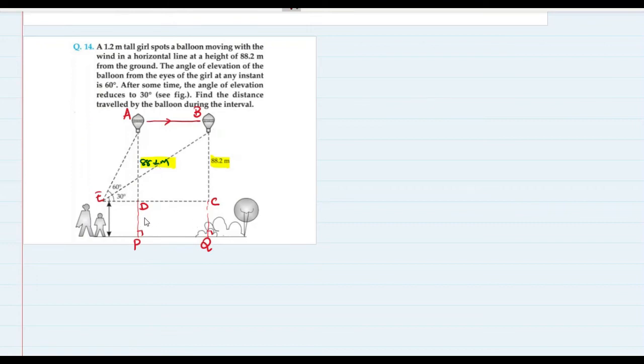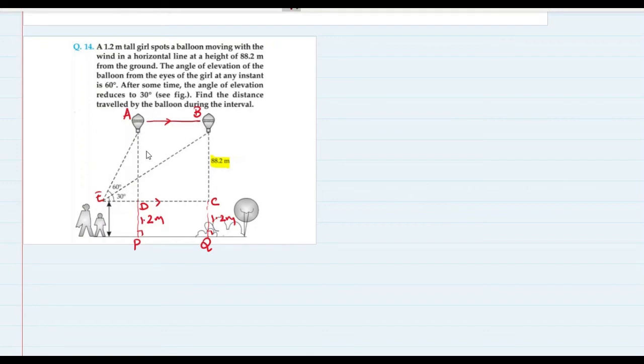But what is DP? DP is the height of the girl, which is 1.2 meter. CQ 1.2 meter. So actually the height of the balloon from the line of sight of the girl, that is EC, is 88.2 minus 1.2.